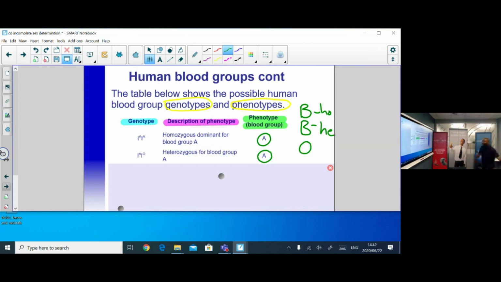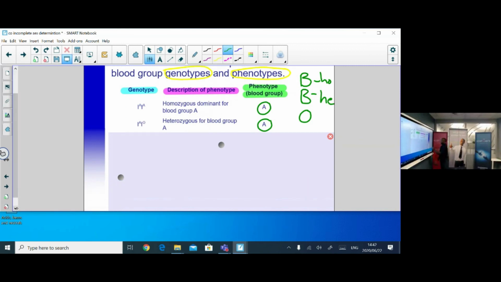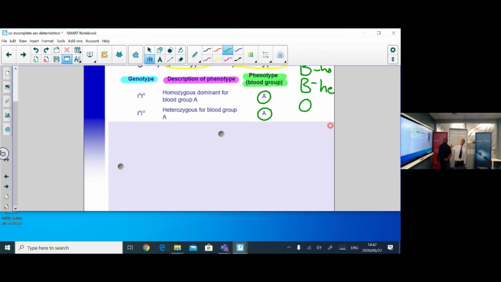Welcome back, great schools. I'm sure you should be done by now. Let's see if you get it right. You should get it all right. For blood group B, where B is in a homozygous dominant condition, you write it as I^B I^B, homozygous dominant for blood group B, and then the phenotype will still remain B. So did you get this right?